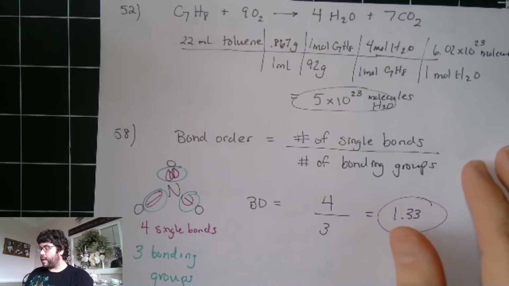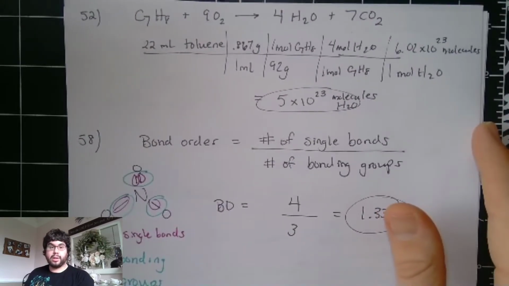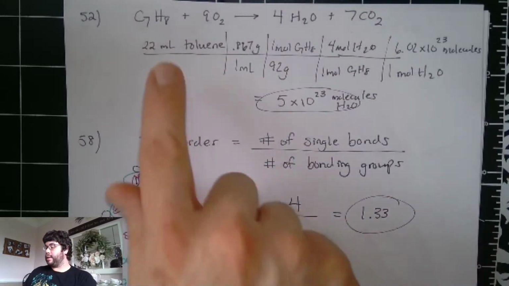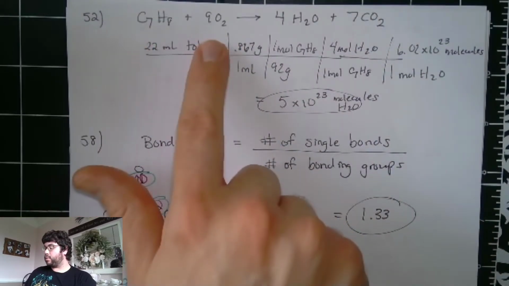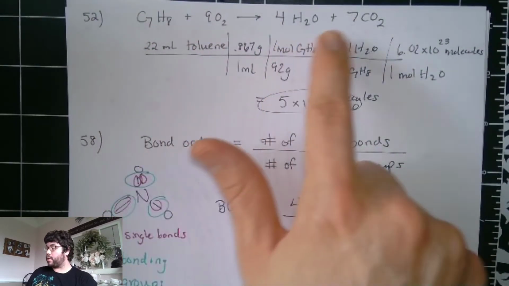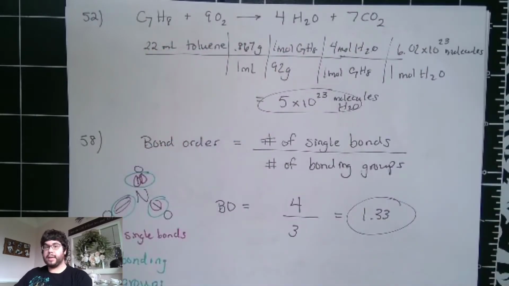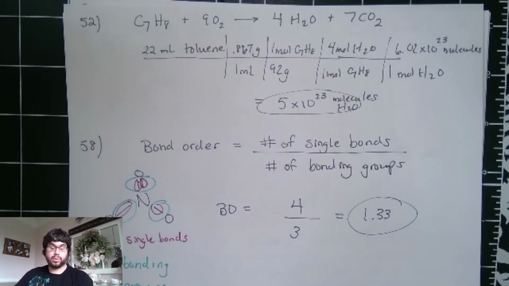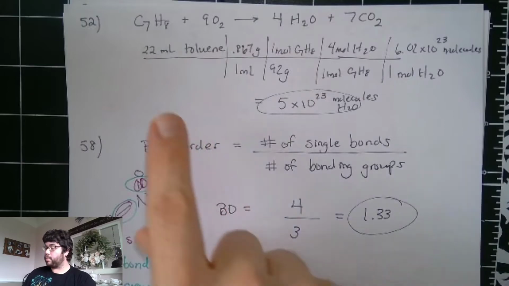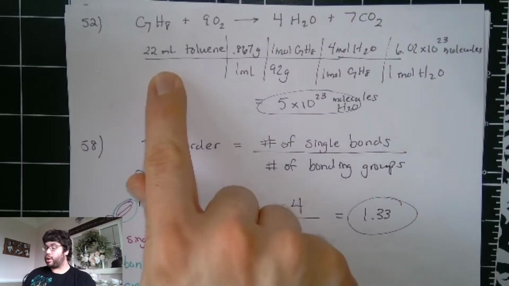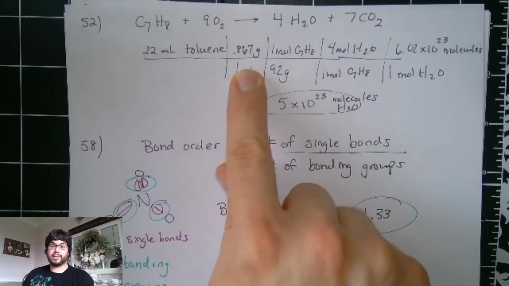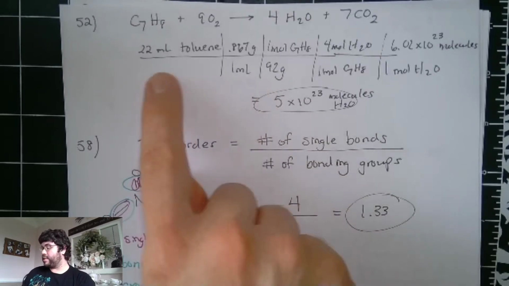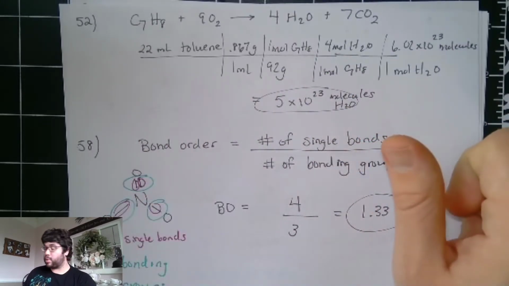So the reaction that takes place in combustion, you should have this memorized, is this guy right here. It reacts with oxygen to produce water and carbon dioxide. This is how you would balance it. And we want to figure out how many molecules of water would be generated from the combustion of 22 milliliters of toluene, which has a density of 0.867 grams per mil. So this is, again, kind of just a basic dimensional analysis problem.